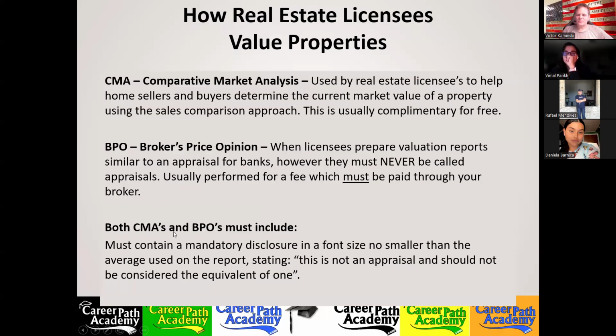And in both cases, whether CMA or BPO, we must contain a mandatory disclosure in a font size no smaller than the average print size on the report, saying that this is not an appraisal and should not be considered the equivalent of one. Or you could add to that, performed by a licensed or certified appraiser. All right, let's add that to that sentence there.